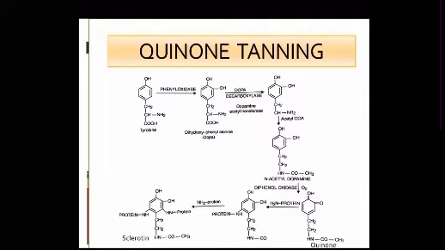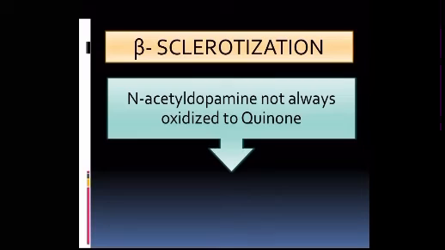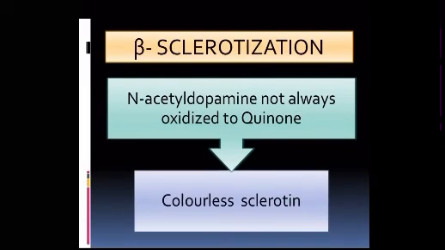As you can see, NH2 protein is being added here 2 times, which leads to the darkening of the sclerotin. But when the N-acetyl dopamine doesn't oxidize to quinone, colorless sclerotin is produced subsequently, and this pathway is known as beta sclerotization.